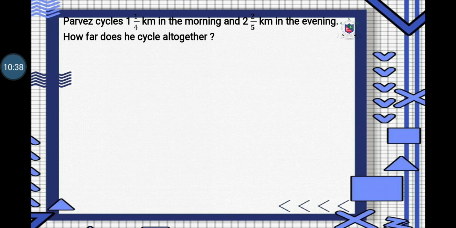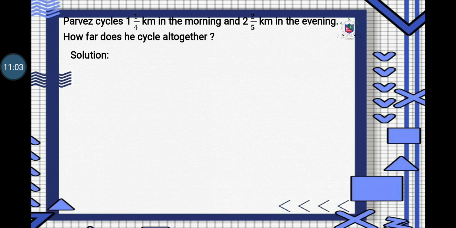So, here the information is given about Parvez, how much he cycles in the morning and how much he cycles in the evening, and we have to calculate the total distance. So, dear students, as you know, whenever the word altogether is used, it means we have to add.